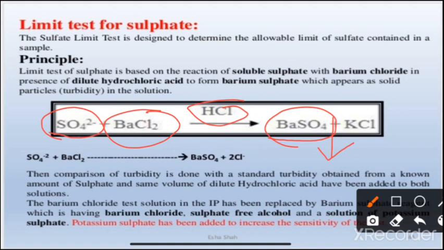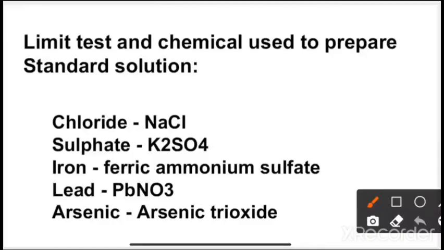In this limit test, along with barium chloride, sulfate free alcohol and potassium sulfate solution is also used. Here potassium sulfate also plays a role to increase the sensitivity of the test.